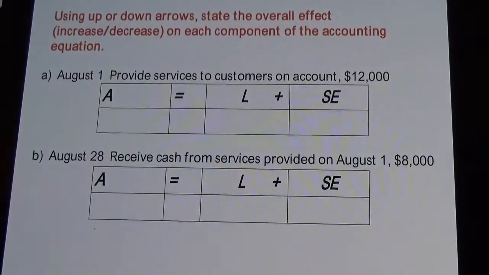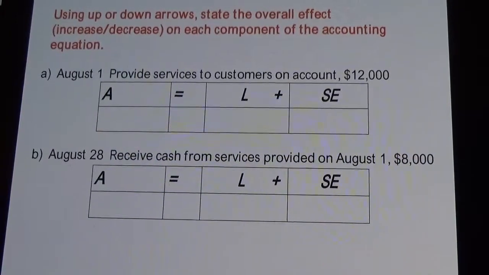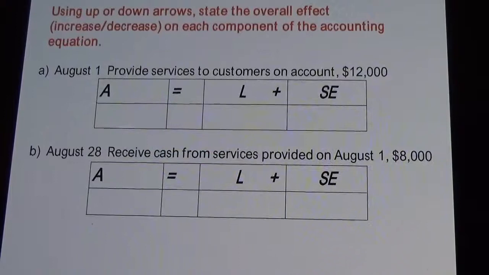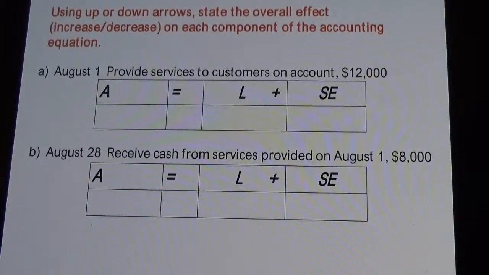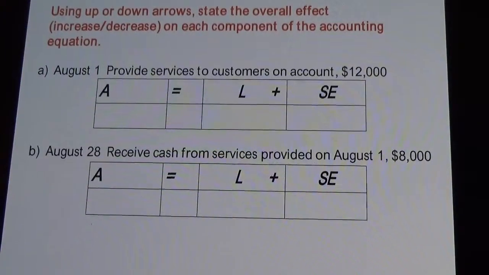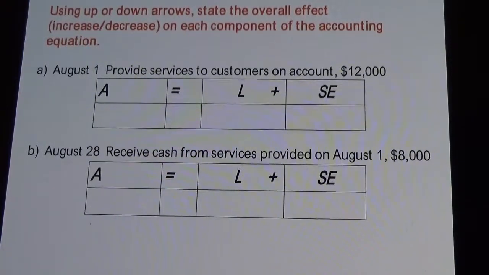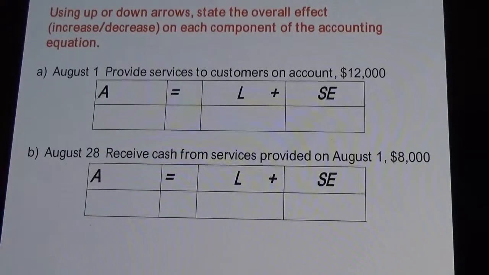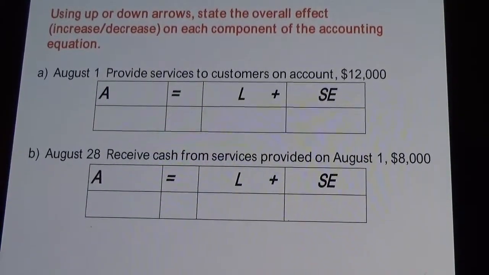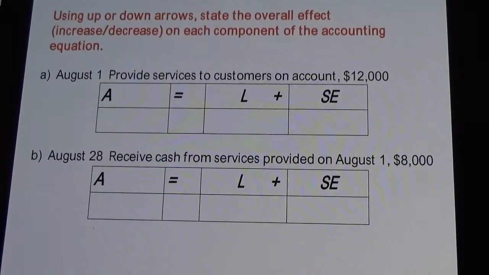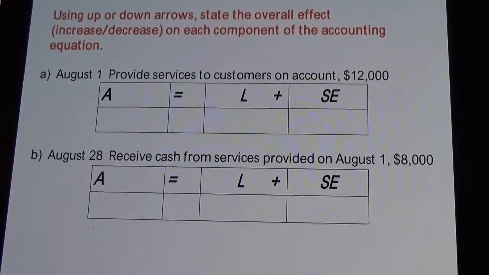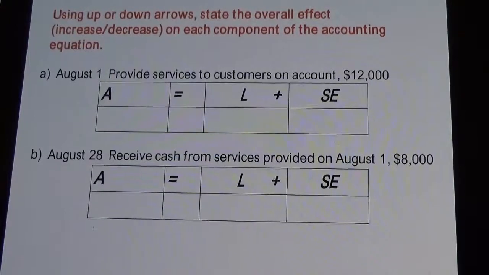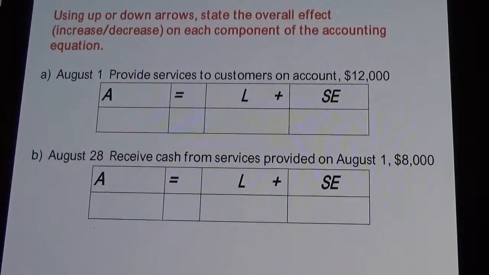Next, we're going to use up or down arrows to state the overall effect, increase or decrease, on each component of the accounting equation. These aren't the same transactions. These are different transactions. So the first one, we're providing services to customers on account for $12,000. If we're providing those services on account, what that means is we're doing the services, that's the provide services part, but the customers aren't paying us yet. We're extending them credit.